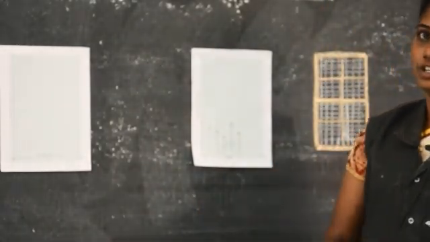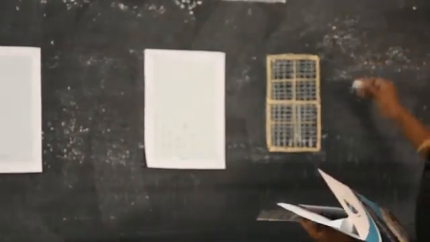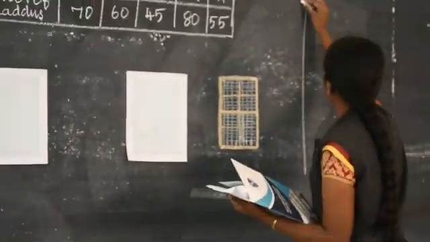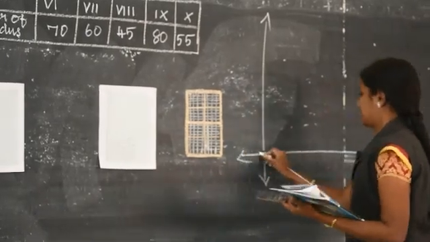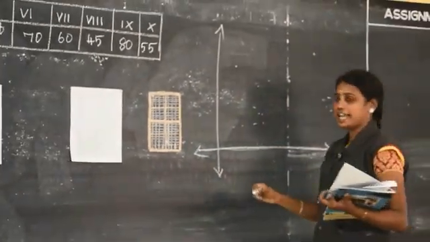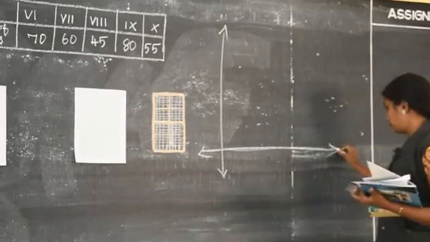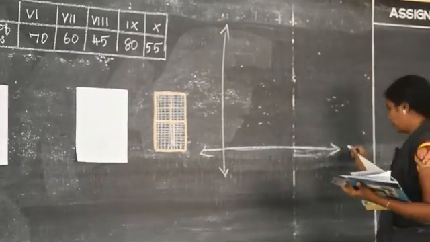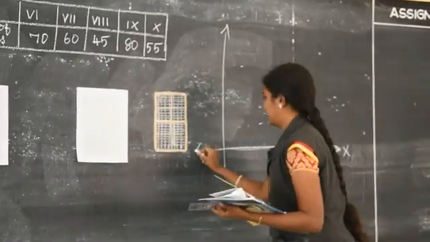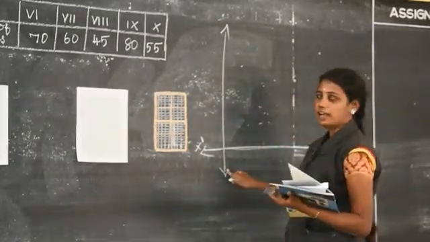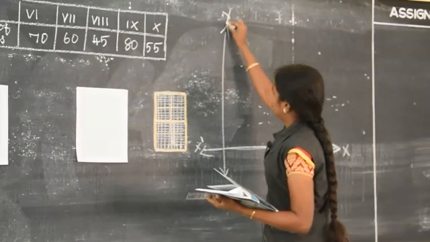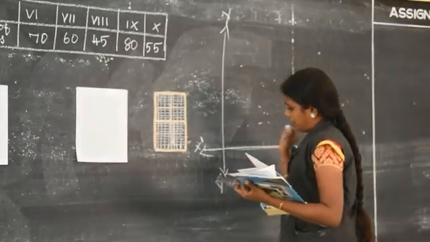Before we draw a bar graph, listen to me. We have the axes. This horizontal line is called the x-axis. Give the name, putting an arrow mark is important: x dash. Then this vertical line is called the y-axis: y dash.